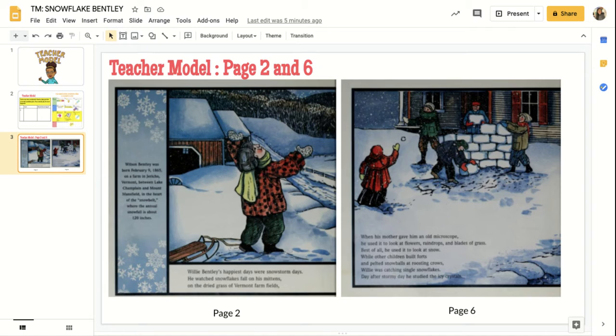He watched snowflakes fall on his mittens on the dried grass of Vermont farm fields. When his mother gave him an old microscope, he used it to look at flowers, raindrops, and blades of grass. Best of all, he used it to look at snow. While other children built forts and pelted snowballs at roosting crows, Willie was catching single snowflakes. Day after stormy day, he studied the icy crystals.